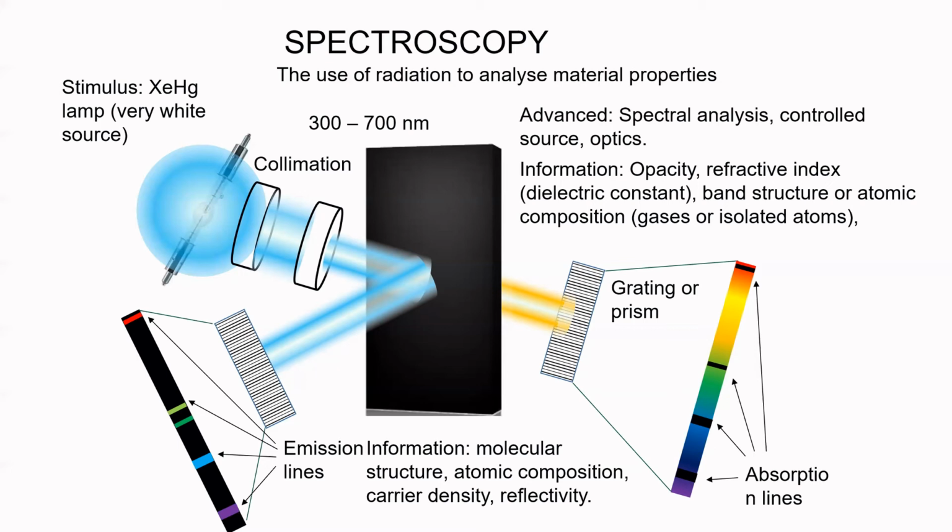If you're looking at the emission information, then it's possibly telling you about molecular structure, atomic composition again, and things like carrier density and obviously reflectivity. So charge carrier density and reflectivity. These are the sorts of information you start to get once you go beyond just looking at it and asking, is it shiny?